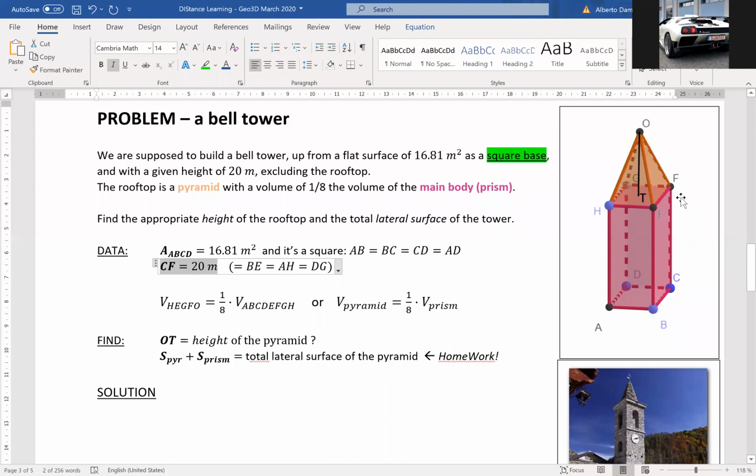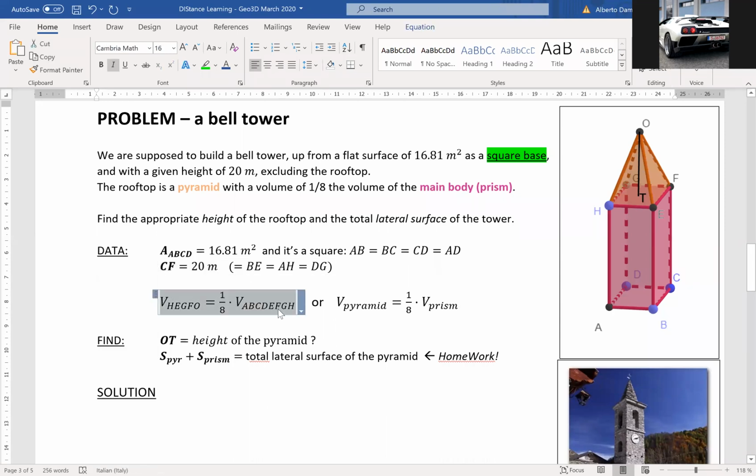And the height can be identified, for example, with the segment CF, okay? The one that I see here, CF, the rightmost edge of my bell tower, but also EB or AH or any of the other vertical edges, segments that constitute the prism. It's 20 meters.